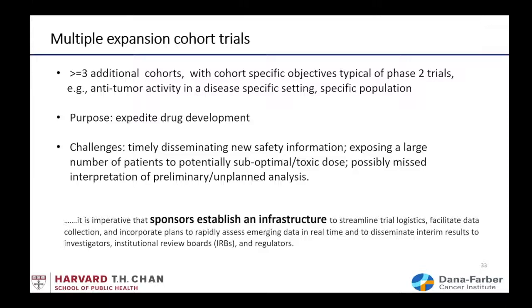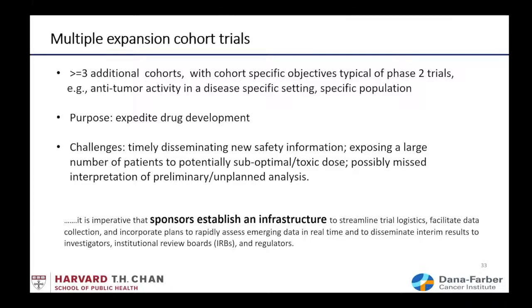Nothing comes with all advantages. The challenge is the timely dissemination of new safety information, because it's critical that investigators, IRBs, and regulators are updated with the new safety information so they can provide necessary oversight for protection of human subjects.